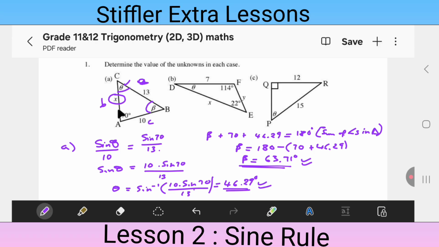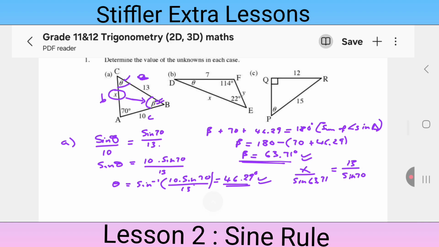Once we know the value of beta, we can calculate the value of x, since x is opposite to angle beta. There was no way we could find x without knowing the value of beta, right? So now x over sine of beta, which is sine 63.71, will be equivalent to, and we can choose any side since any side has its own angle, 13 over sine of 70.